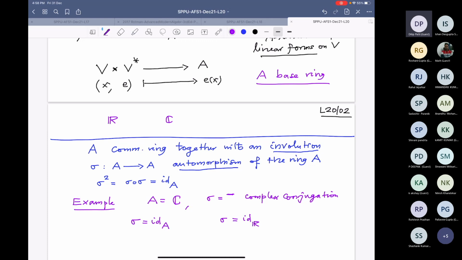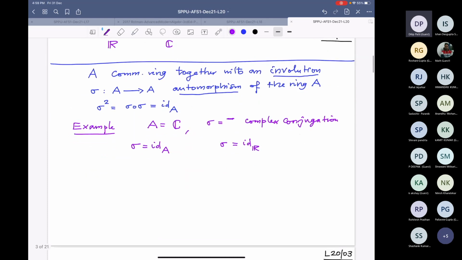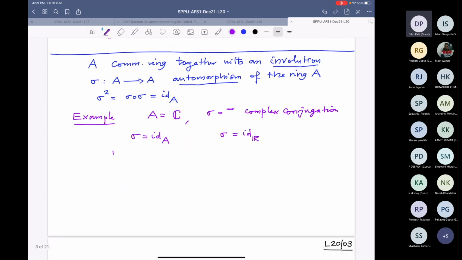And that is the only choice. You have seen there is no other automorphism of the ring R. Or even for finite fields, sorry, I made a mistake. Finite field means even if you take K equal to F_p, where p is a prime number, there are no automorphisms of this finite field other than the identity.